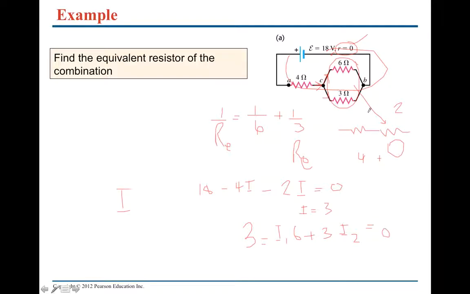I'm taking the voltage across this, at this point here.